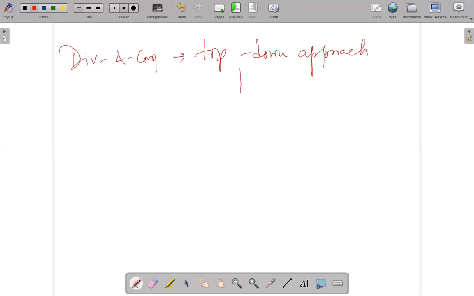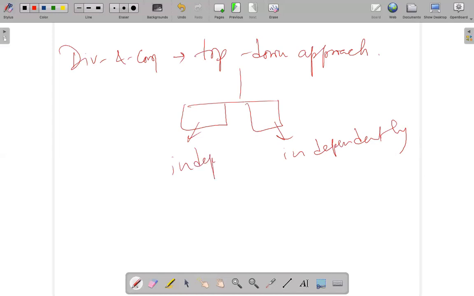That is, you break the problem into two parts and then you solve the individual parts independently. And you keep on doing this.